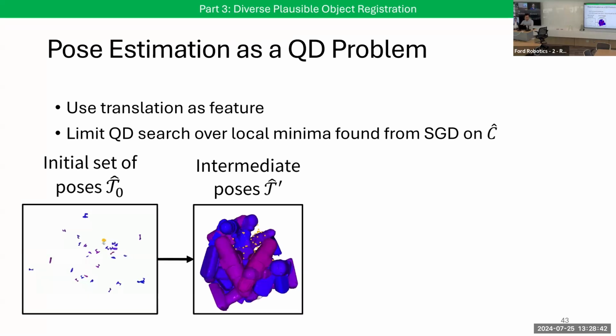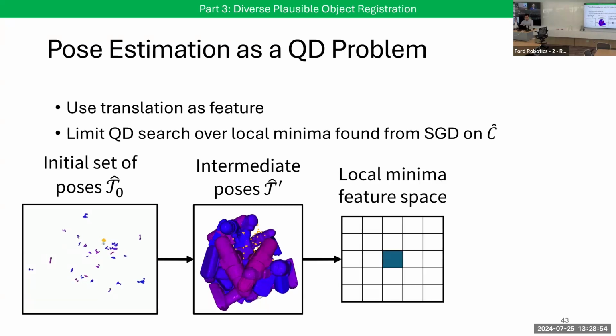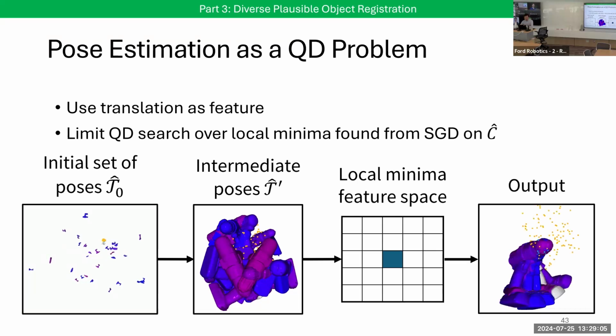We then apply stochastic gradient descent on our cost function, the discrepancy, to find out what are the local minima from running essentially ICP plus. From these local minima, we then construct bounds on the feature space to limit our QD optimization to just over the set of local minima. Then we run QD optimization to find what are the actual best local minima.